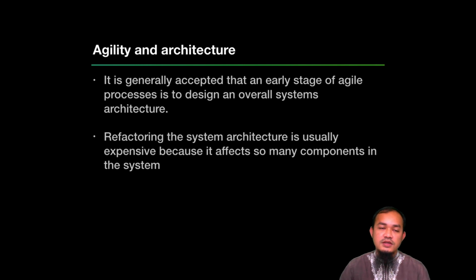Why does agile software development choose to make the architectural decision at the beginning? Because when you choose an architecture already and it fails, it's difficult to redo it again. So that's why they have to choose at the beginning, and then you can refactor it again and again.